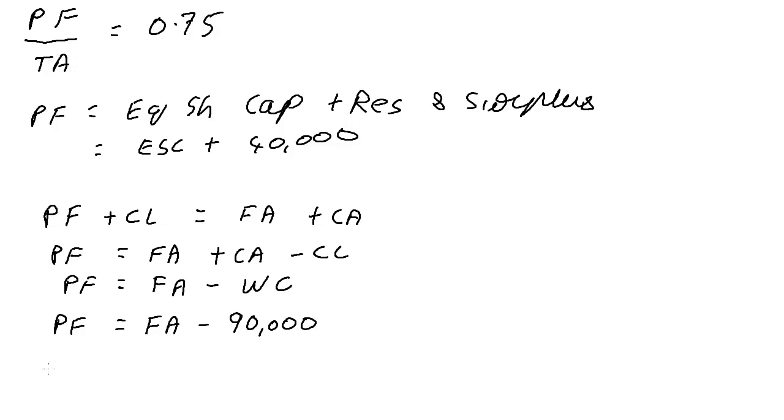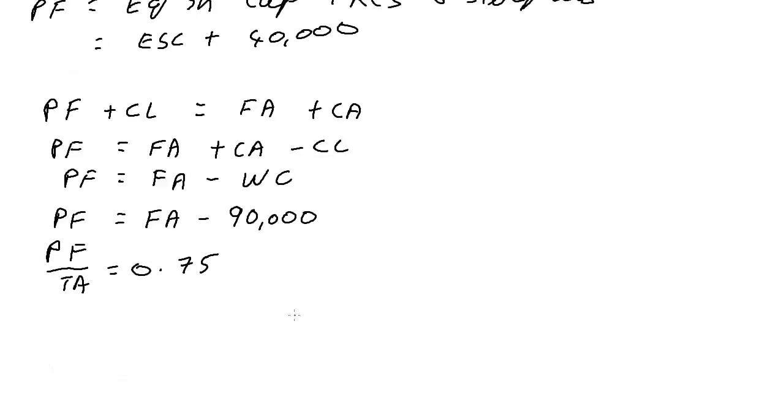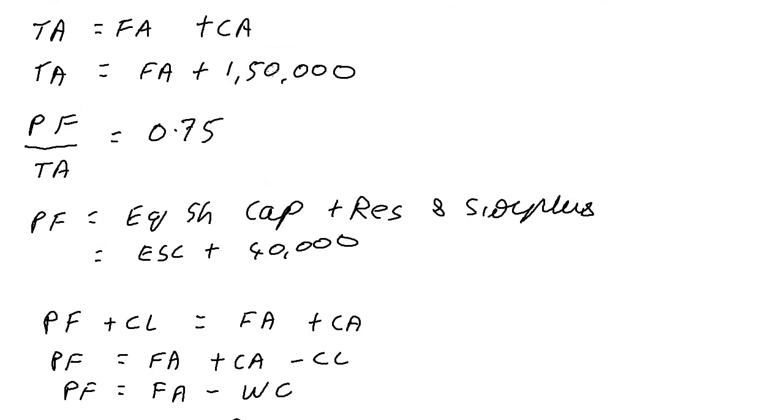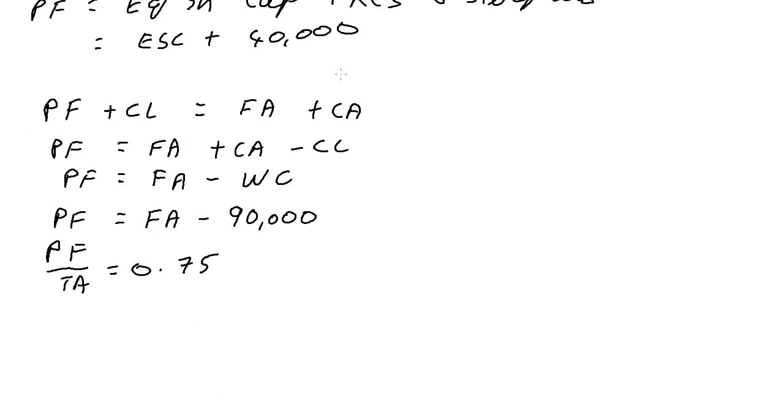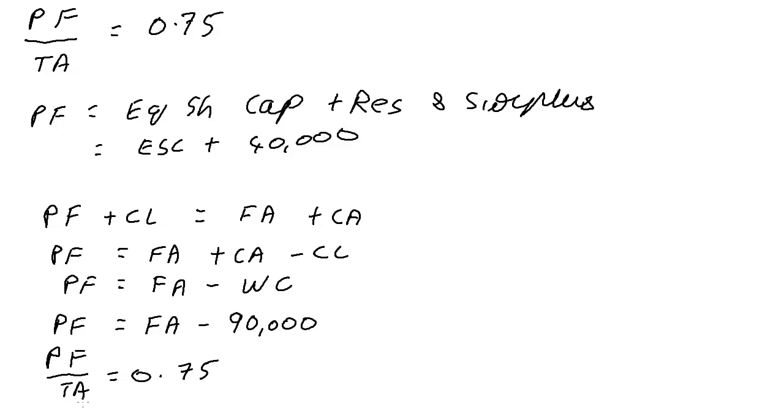Alright, so if we know that proprietors funds upon total assets is equal to 0.75 and I want fixed assets, how do I isolate fixed assets? I know that total assets, and have we done it before? I know that total assets is equal to fixed assets plus current assets. Total assets is equal to fixed assets plus 1,50,000. And what goes into this formula? Total assets.